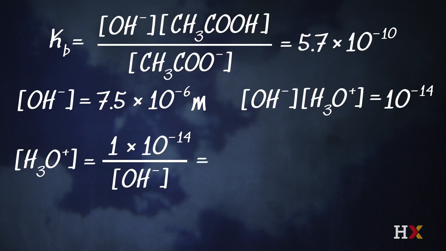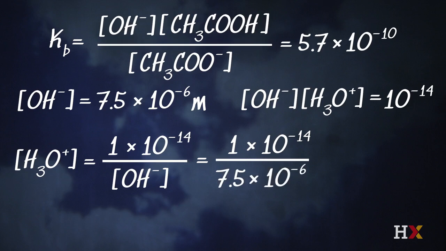That is 1 times 10 to the minus 14 divided by 7.5 times 10 to the minus 6, and that's equal to 1.33 times 10 to the minus 9.